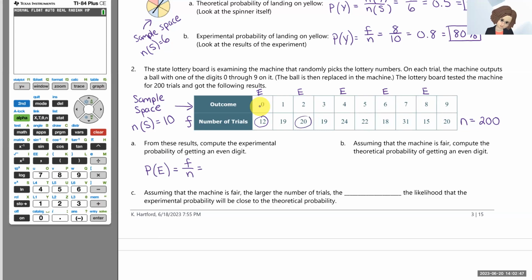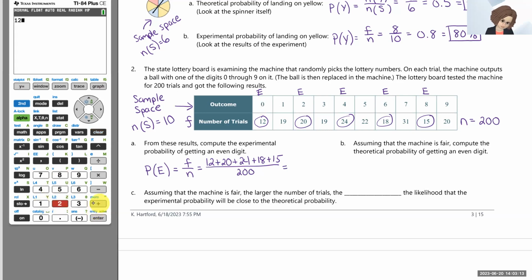The digit 2 came up 20 times. The digit 4, 24 times. The digit 6 came up 18 times. The digit 8 came up 15 times. So for the number of times they got an even digit, I'm just going to add up all those frequencies together for all of our evens. And that's going to be out of the 200 trials.